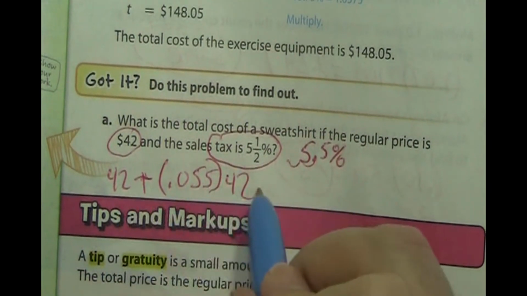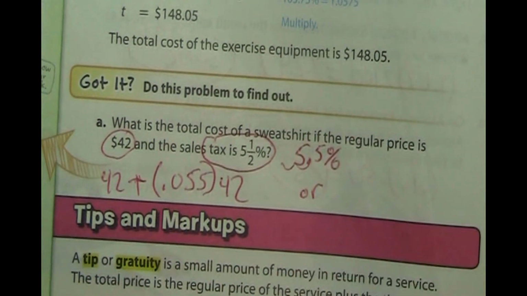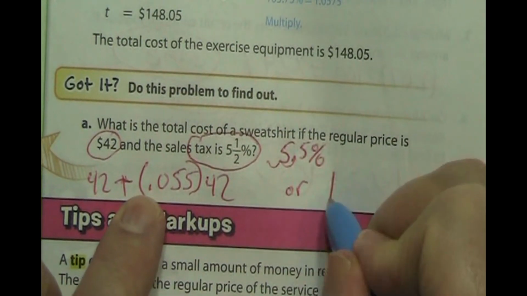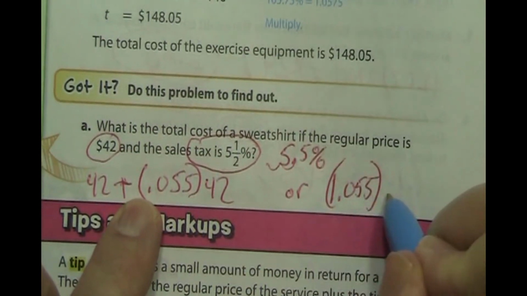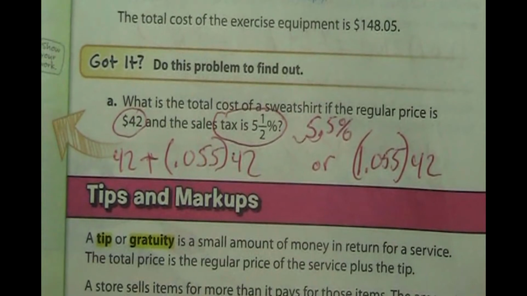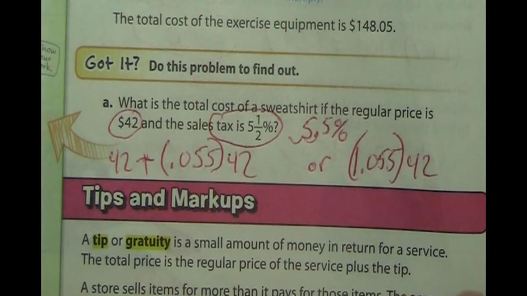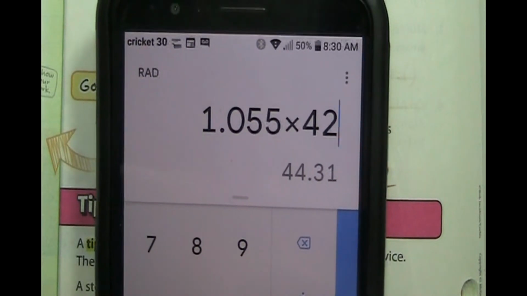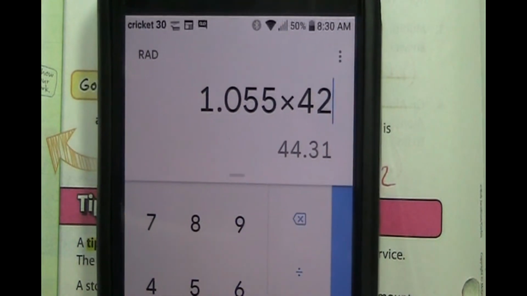You could do this and get your answer. Or you just could put a 1 in front of it: 1.055 times 42. Either one of those will be correct. And if you do that, the answer comes out to be $44.31.